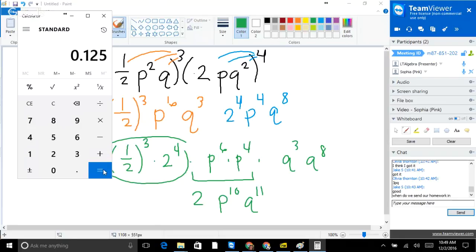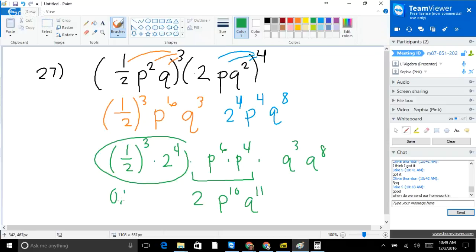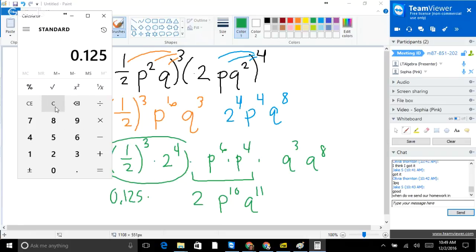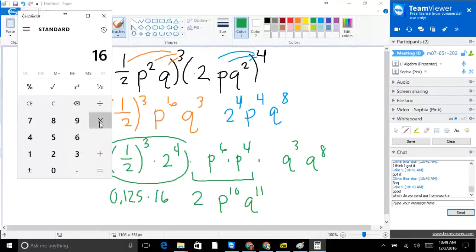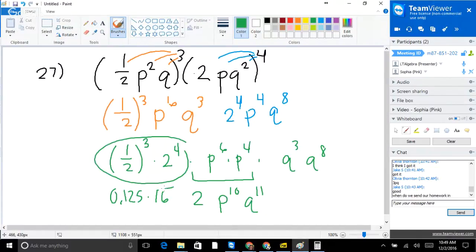So that's going to be 0.125. And then 2 to the 4th is 2 times 2 times 2 times 2, so 16. So 16 times 0.125 is 2. All right.